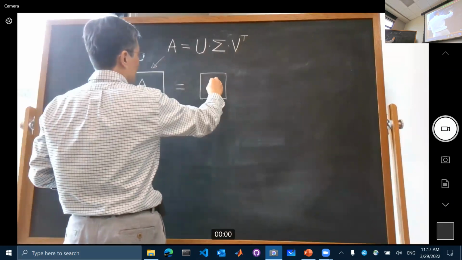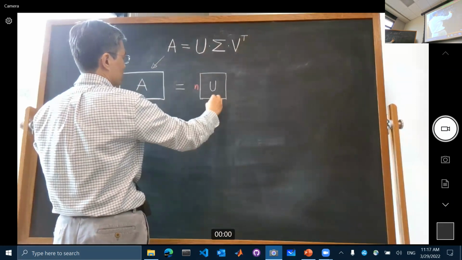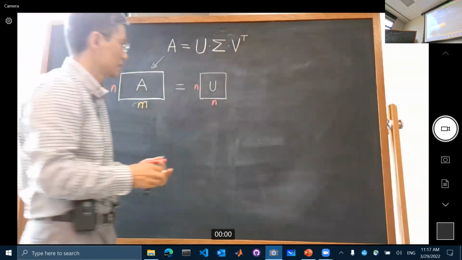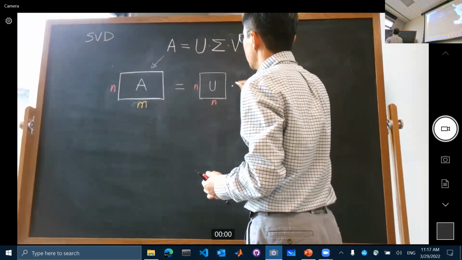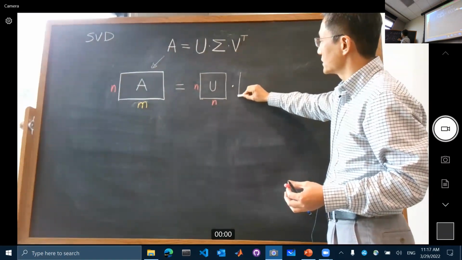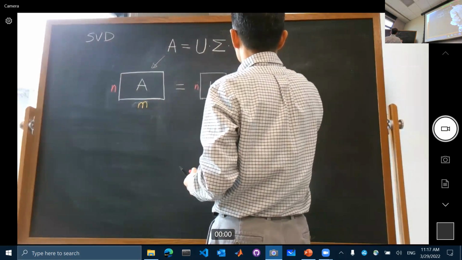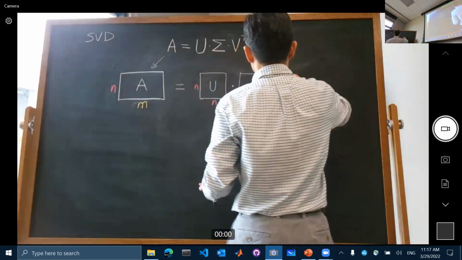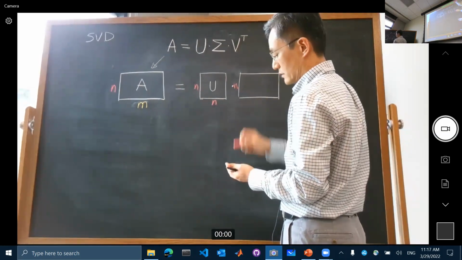Okay, so I have U here, n by n. And then we multiply by a sigma matrix, which is n by m. So the dimension of this is n by m.